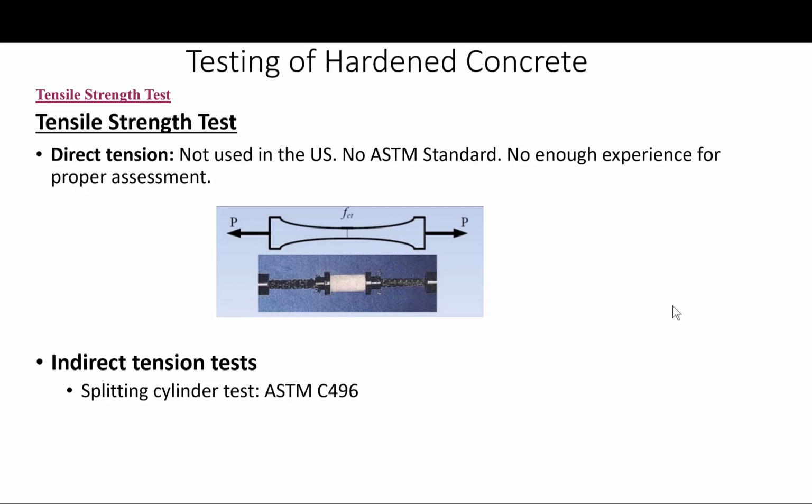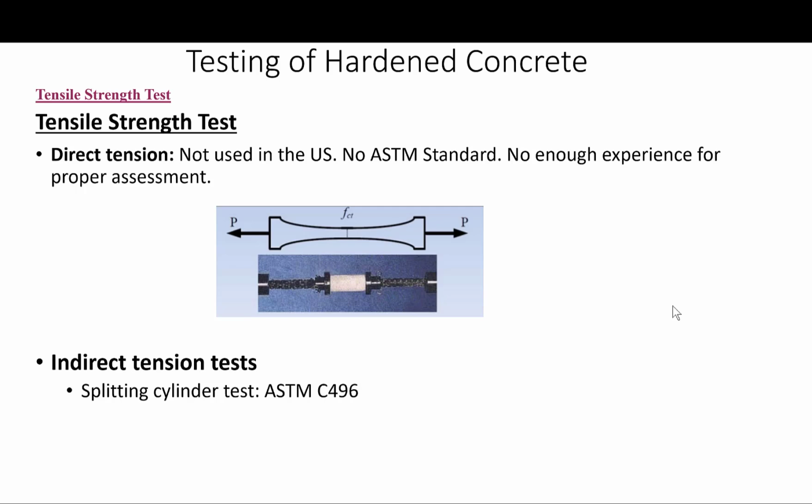As you may already know, there are no standard tests that have been adopted by ASTM to provide a direct measurement of the tensile strength of concrete. The problem is that secondary stresses induced through gripping make the test results difficult either to interpret or reproduce. So that's why the test is not practical.